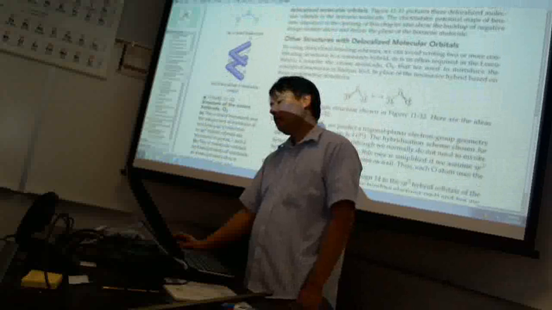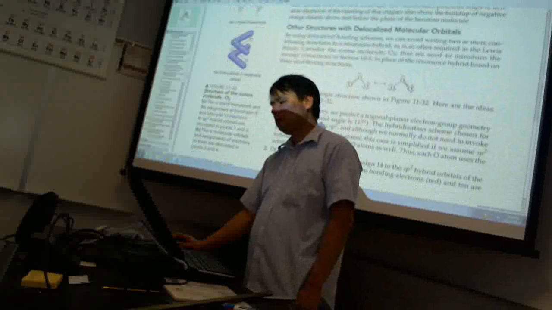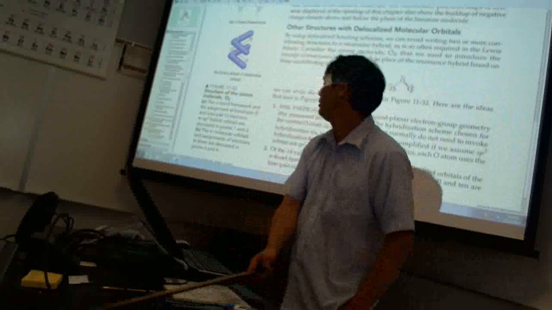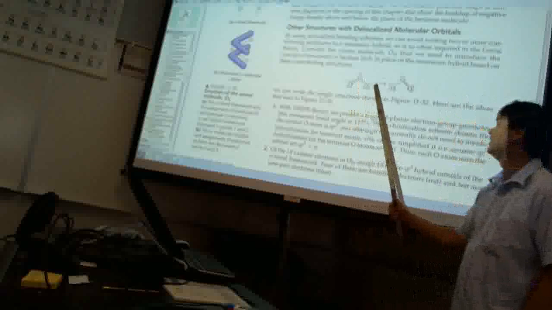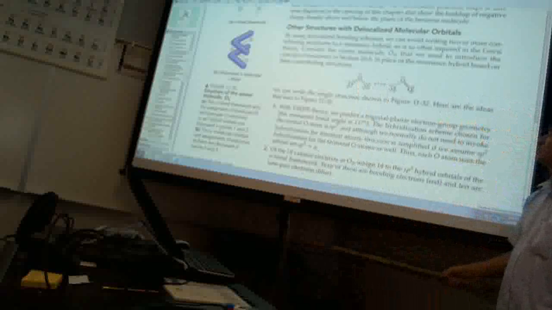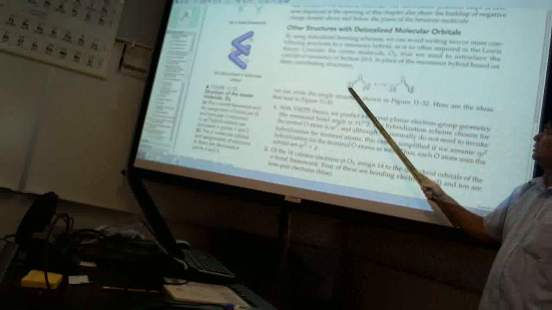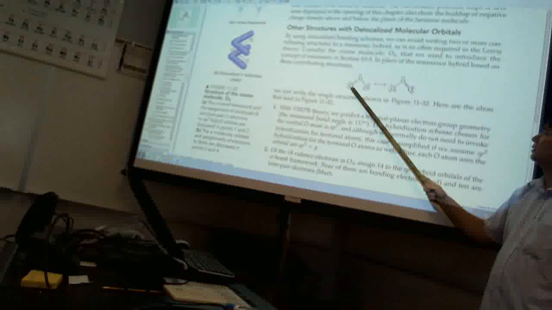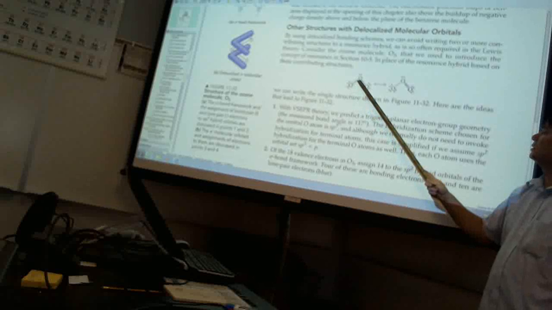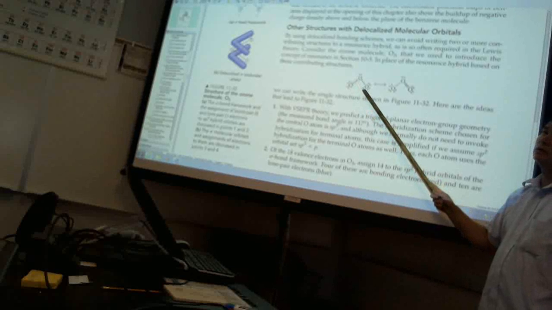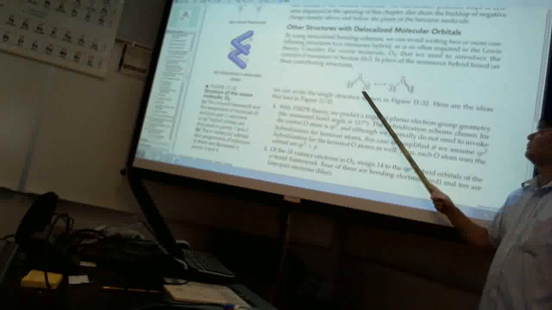Okay, when we look at ozone, ozone has the alternating double, single bonds here. But ozone is a bit tricky because if you look at this, what hybridization is this oxygen? sp2. This oxygen is, and this oxygen is sp3.